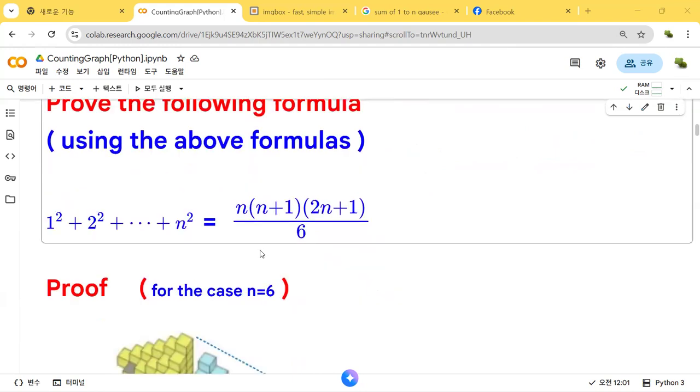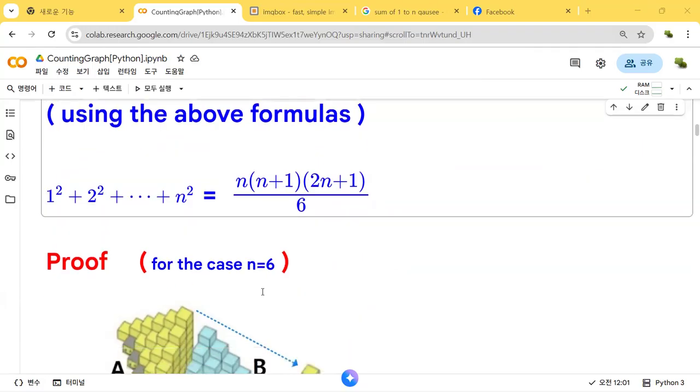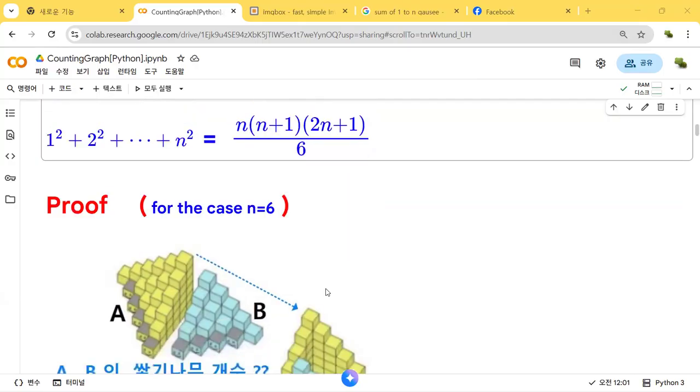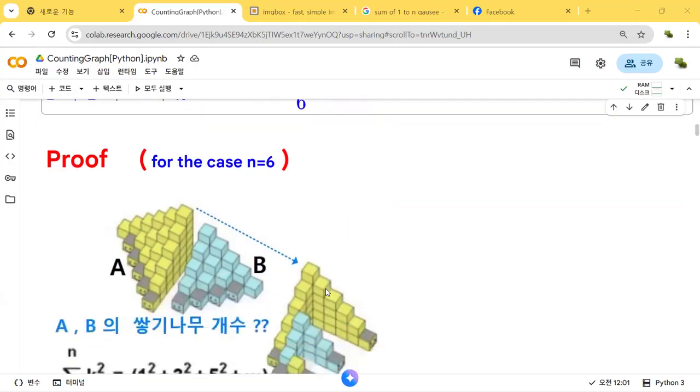So let's prove this one, but intuitively, just consider the case when n is 6. Okay. So using this kind of figures, consider a case when n is 6. Then let's consider n is 6, and this is the yellow one. This one is tetrahedral number 6.